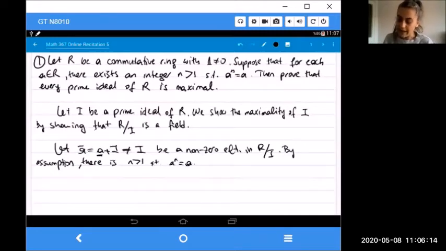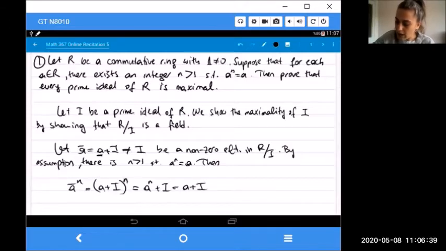So let us take the nth power of this a bar. Then a bar to the n is equal to (a plus I) to the n, which is, by the multiplication in the quotient ring, a to the n plus I, but we know that a to the n is equal to a, so this is equal to a plus I, and this is a bar.